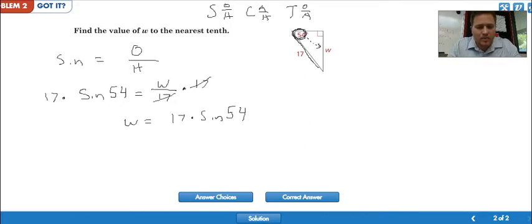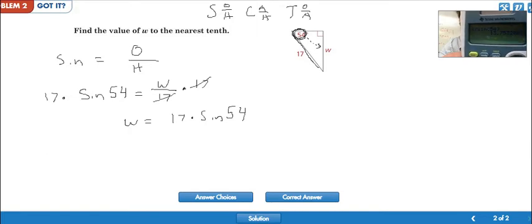And this is where your handy dandy calculator comes in handy. When I type it in, I'm going to type in 17, then press sine, and then put in 54. I can close the parentheses, though it doesn't really matter, because when I press equals or enter, it gives me 13.75 and a bunch of numbers.